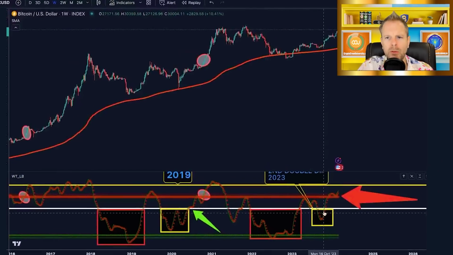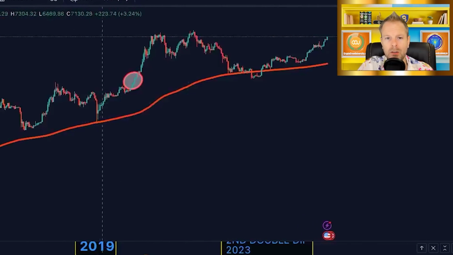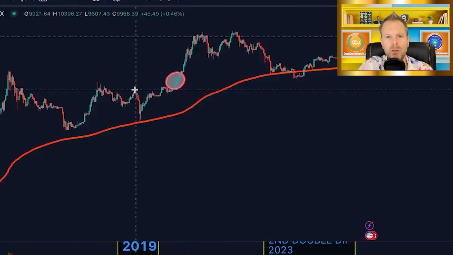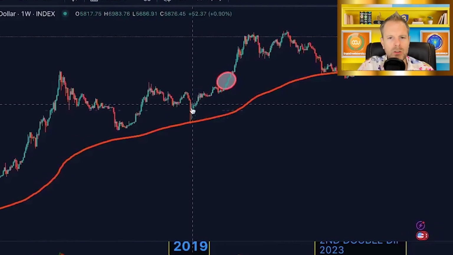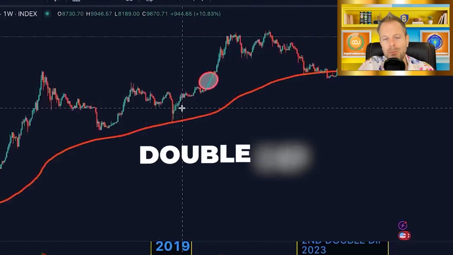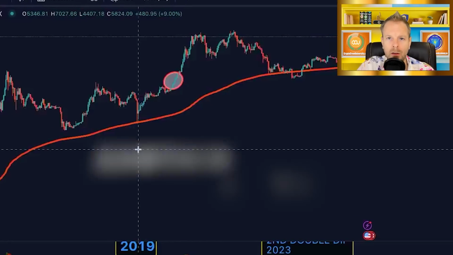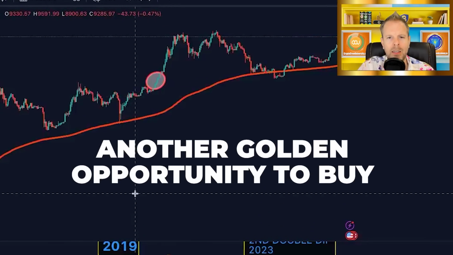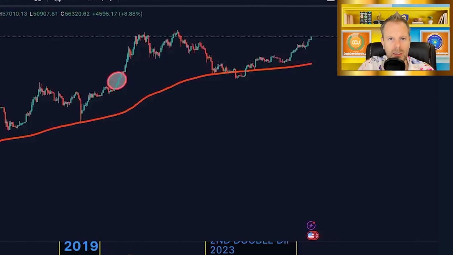The wave trend had a double dip at this exact moment. We called it an incredible buying opportunity because the last time we had a double dip was the COVID crash, when everyone's like, oh my God, world's over. No, we just had a double bottom. A double dip is basically like in phase one, it gave you another golden opportunity to buy. And that's what we had at the very end of phase one.